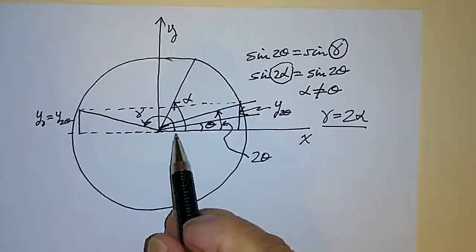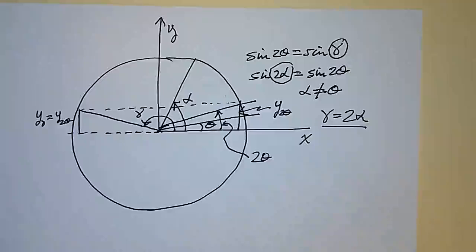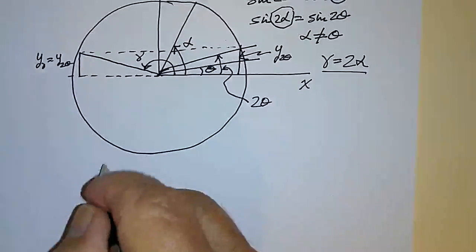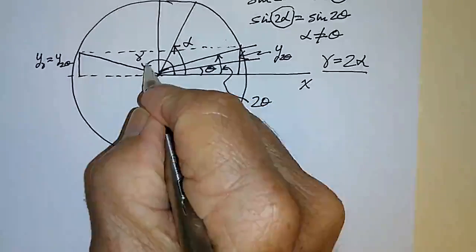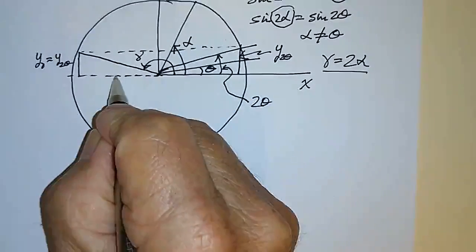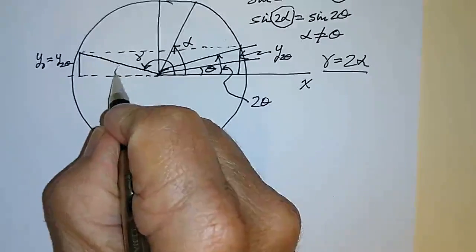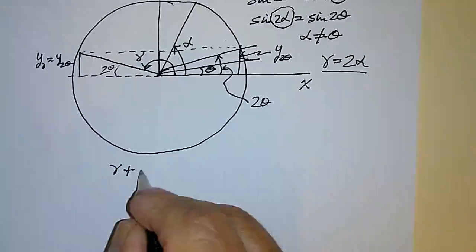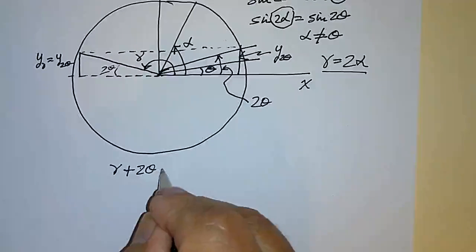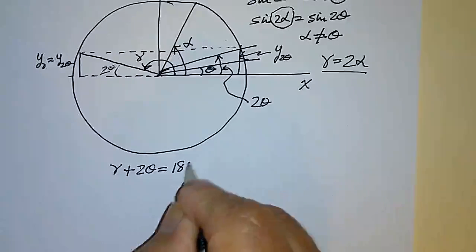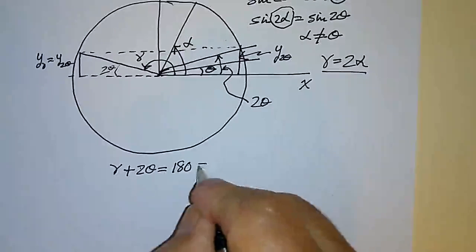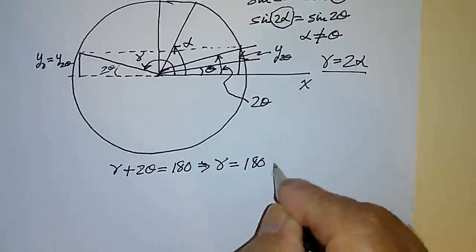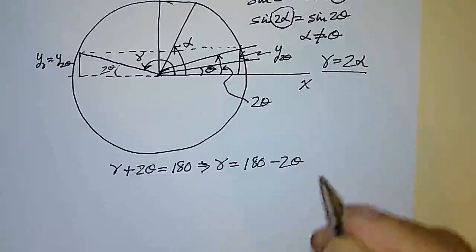So if I look at the picture here, I can also say that gamma plus 2 theta, which is this angle, is equal to 180 degrees, which means that gamma is equal to 180 minus 2 theta.